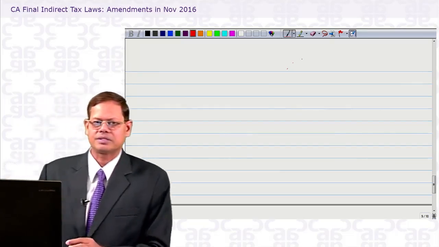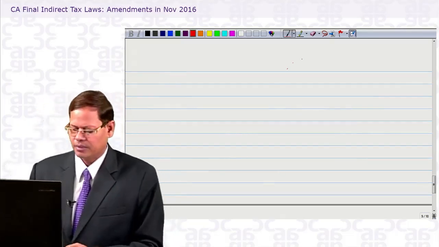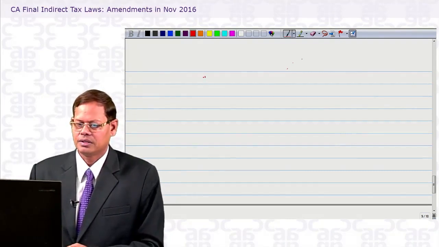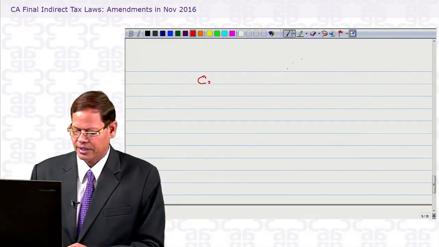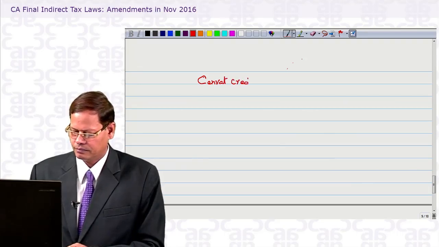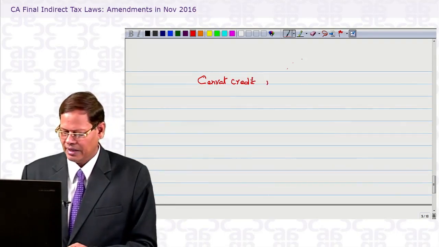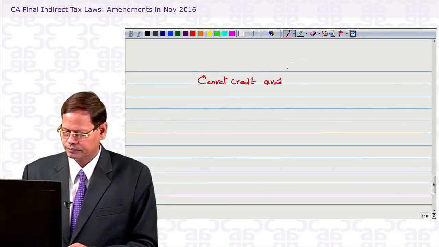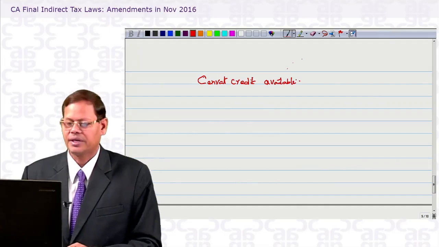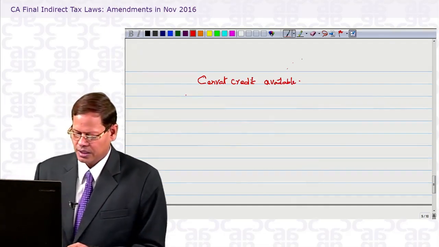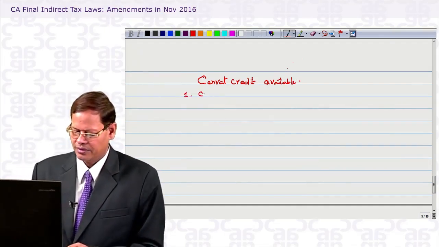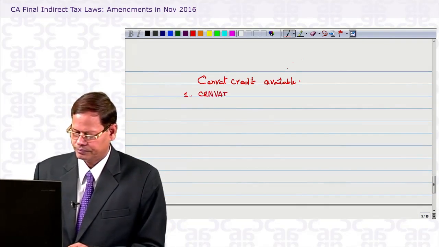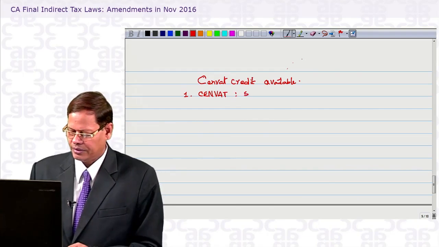Let me give you small questions like this. For example, a CENVAT credit balance is there. Let us say credit available. Number 1, you have CENVAT, that is basic duty, 50,000 rupees.